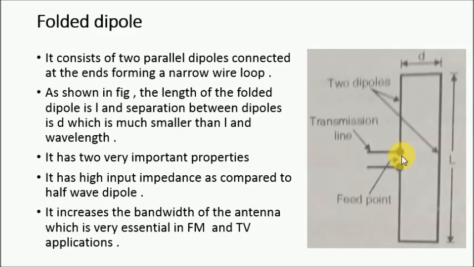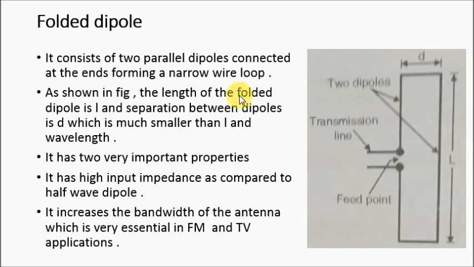So it has the important property that it has a higher input impedance as compared with the lambda by 2 dipole. The bandwidth of this antenna is greater, so it is useful in FM and TV applications. When length is equal to lambda by 2, the structure is called a half wave folded dipole.